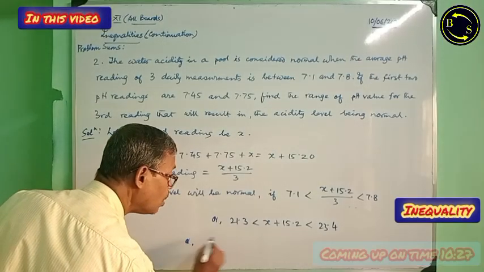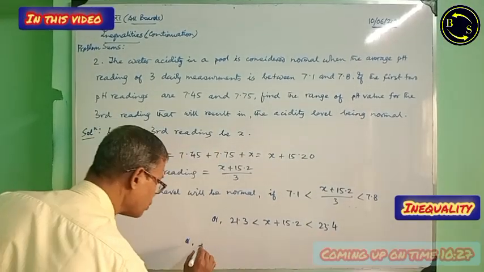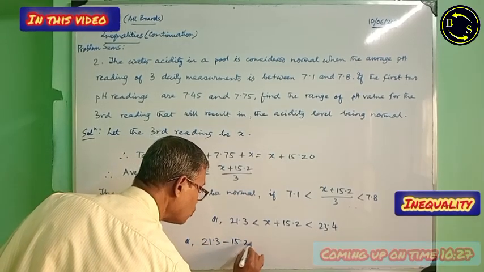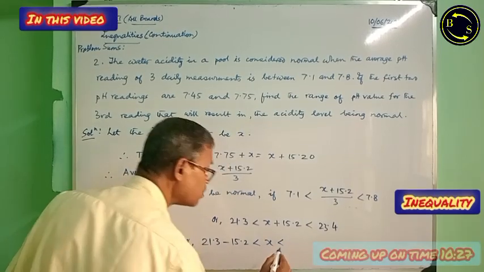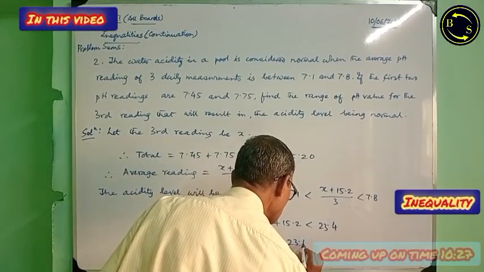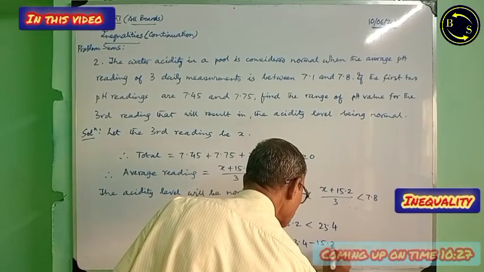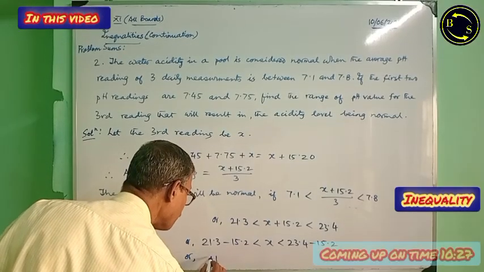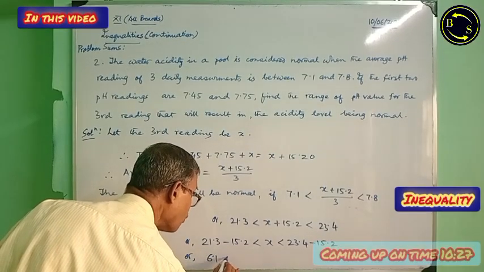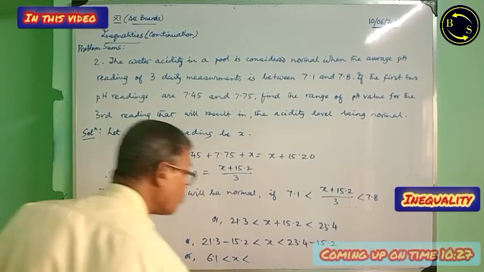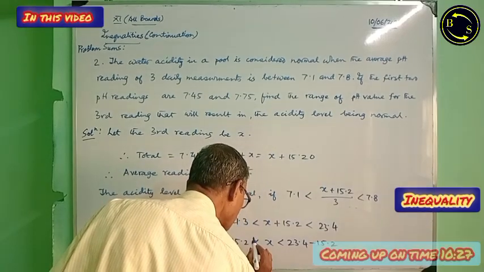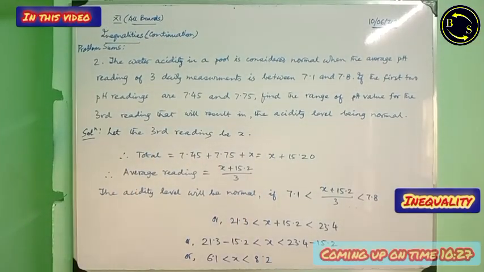Or we subtract 15.2 from each. 21.3 minus 15.2 less than x less than, or 6.1 less than x less than 8.2.